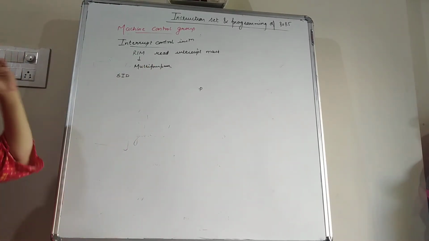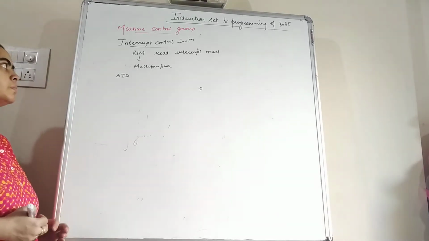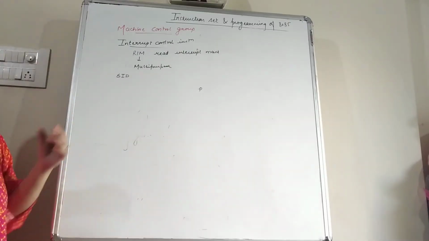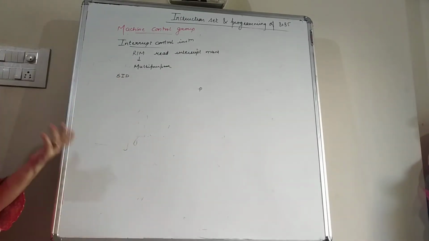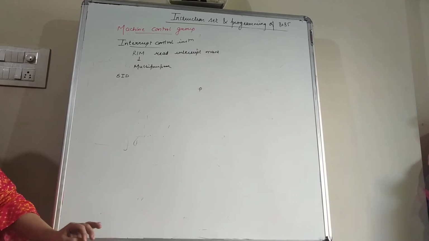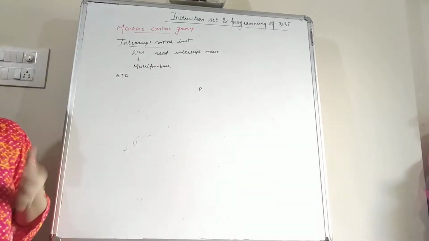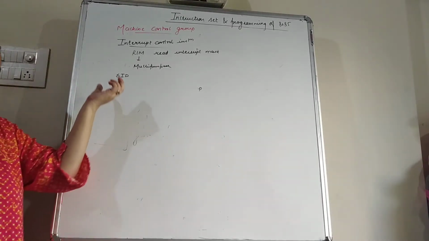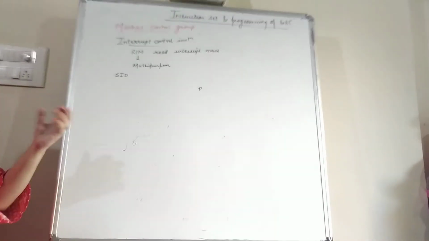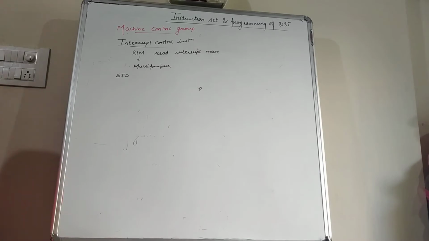The first work it does is serial input data, and the second purpose is to read whether the interrupt is masked or not. If the interrupt is masked, it will be read by the RIM instruction, and if the interrupt is non-maskable, again it will be read by the RIM instruction.